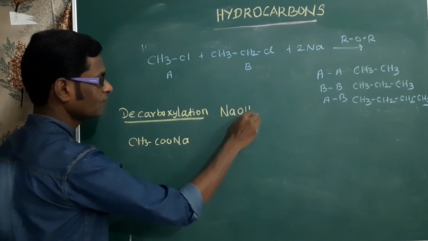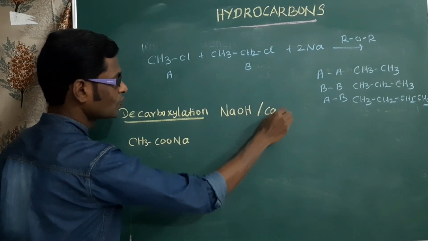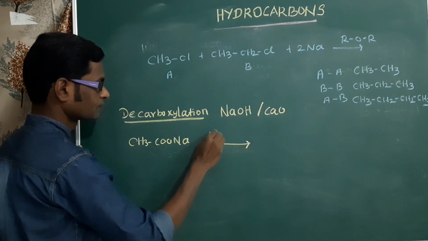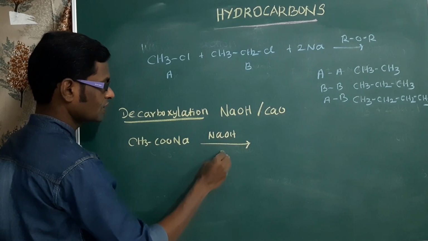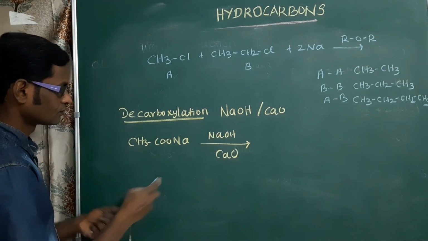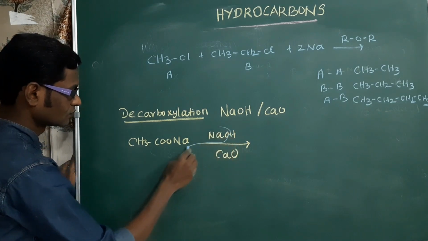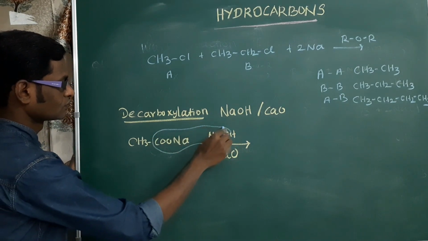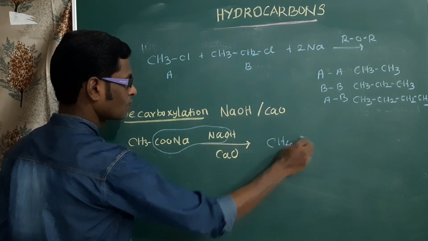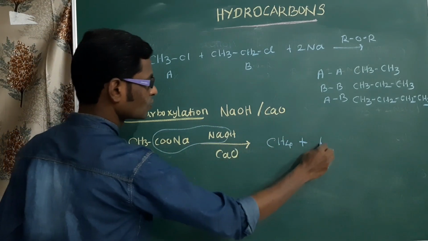What is soda lime? A 3:1 ratio of sodium hydroxide and calcium oxide, NaOH and CaO. We will get methane plus Na2CO3, sodium carbonate.